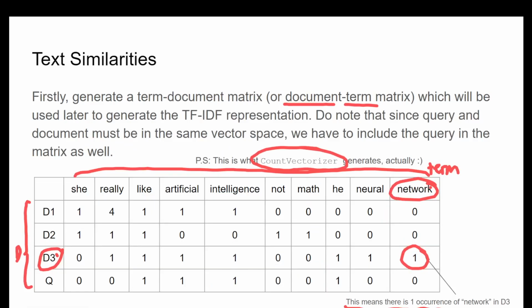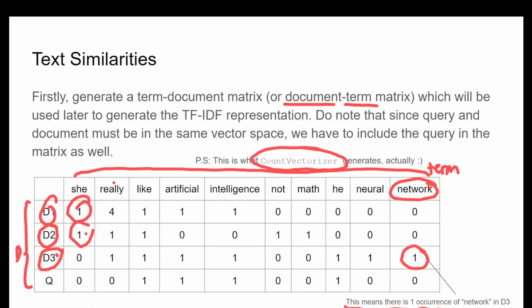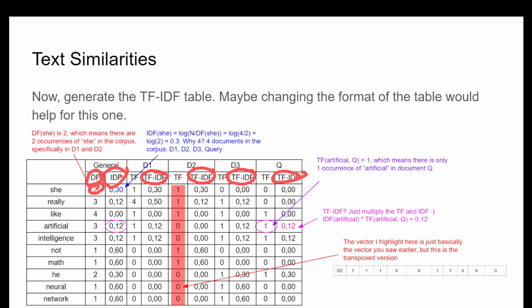If we look closely, in D1 and D2 we got this "she", right? So we have to write 2 inside it. And how about "really"? We can see that "really" has 4 occurrences in D1. Do we include that? Apparently no.